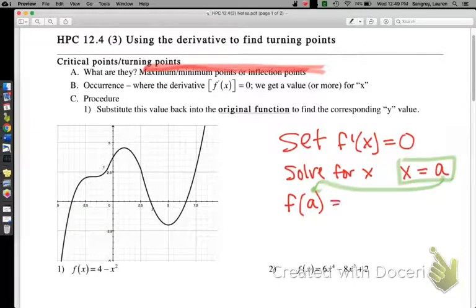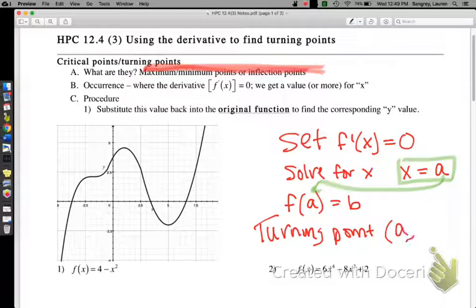And let's say that when we do that, we get a result of b. So then when I ask you, what's the turning point? That's going to be your x value and your y value. So there's your x value and there's your new y value, and that's going to be your turning point.